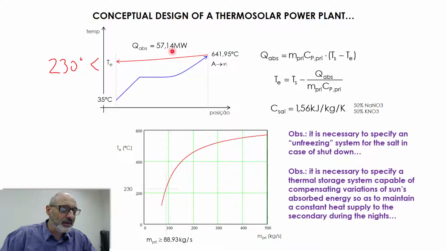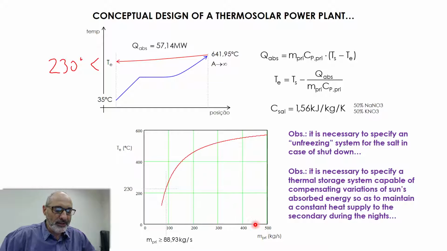If I had 1,000 kilograms per second, my temperature drop here would be something like half a degree. But this is not interesting, because a very high flow rate means very high pumping power. Everything's going to get very big, so it's going to become expensive, both in terms of capex and opex, capital and operation costs.